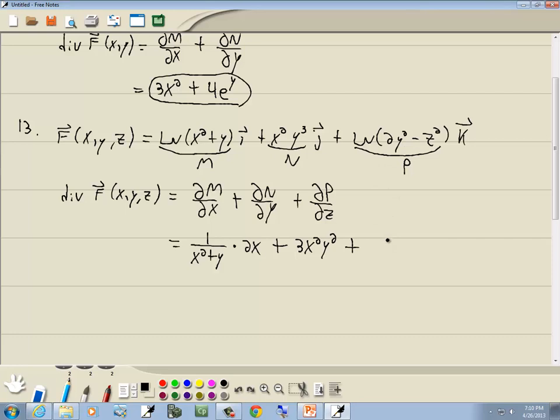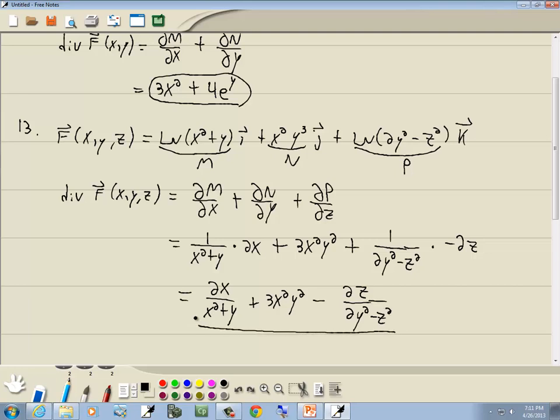The derivative of the natural log of something is 1 over whatever's inside the parentheses, 2y squared minus z squared, times the partial derivative of what's inside the parentheses with respect to z. The 2y squared drops away, and that gives us negative 2z. So this becomes 2x over x squared plus y, plus 3x squared y squared, minus 2z over 2y squared minus z squared. And that's our answer.